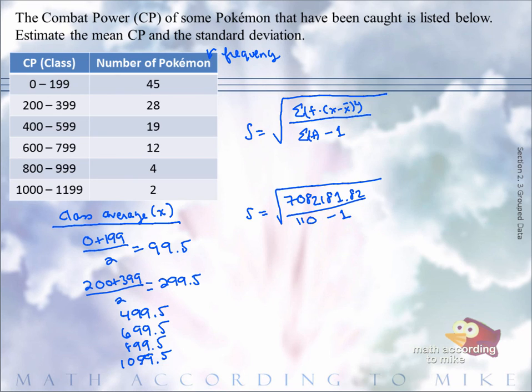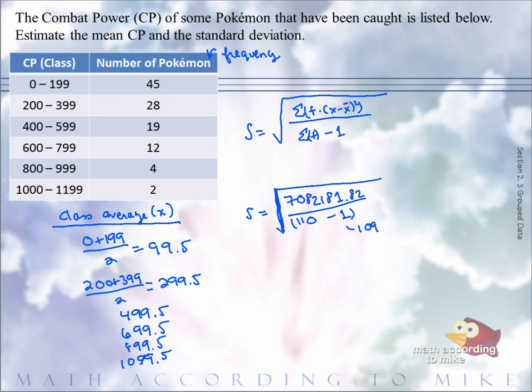Minus 1. I'm going to make my square root a little bit better because I want to make sure that we take the square root of everything. Oh my God, the humanity. So what I suggest you do is instead of writing 110 minus 1, please write that as 109.